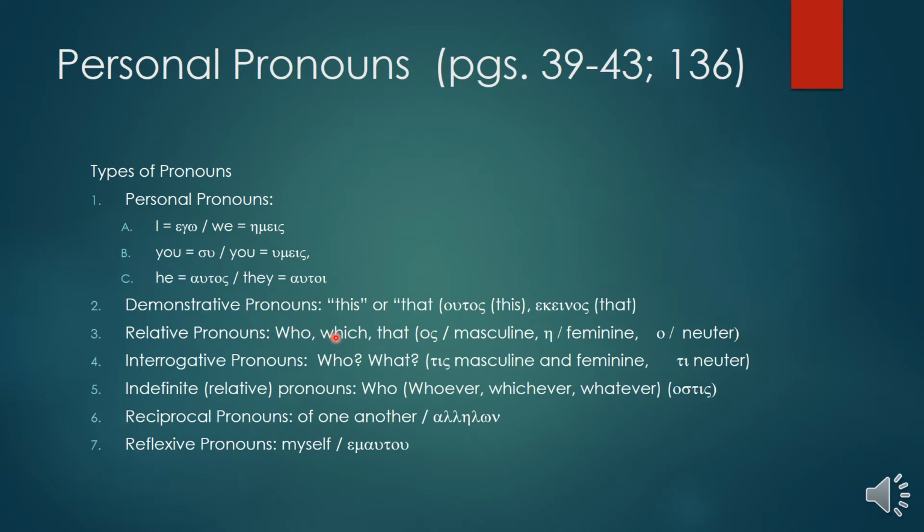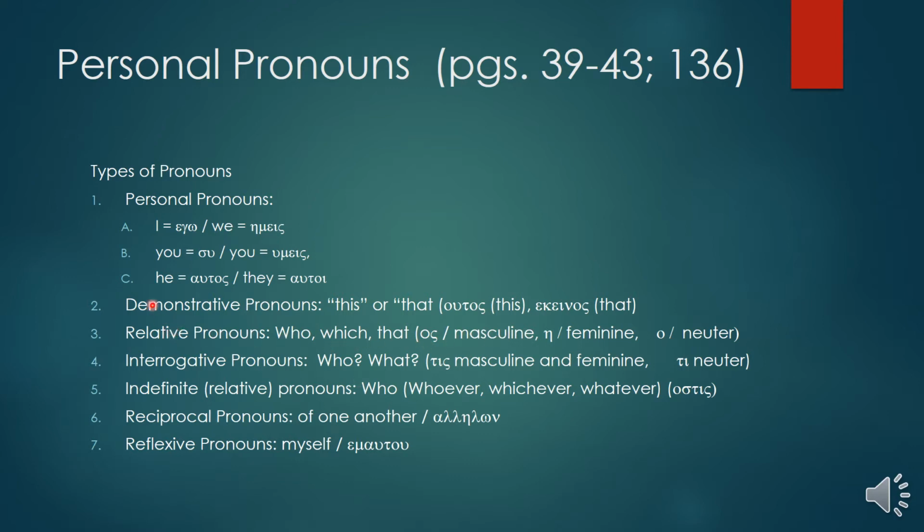See, these are introducing clauses. The man, which man? The man who ate the apple. The apple, which apple? The apple which fell from the tree. So these are called relative pronouns. They introduce relative clauses. In Greek, the masculine is hos, feminine is he, and ho is neuter. Again, we'll talk about these in weeks to come.